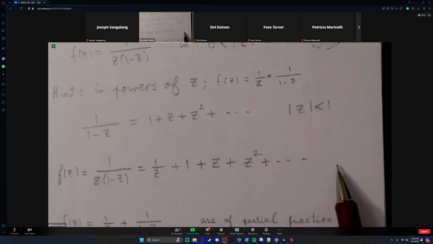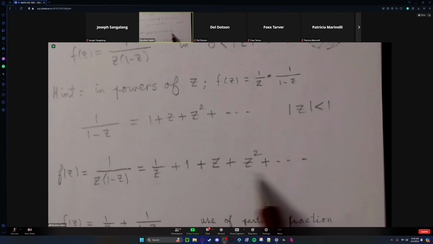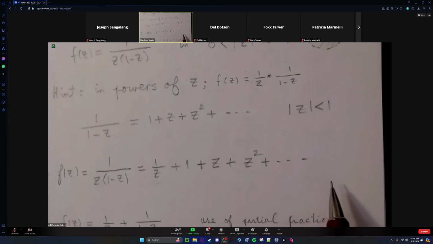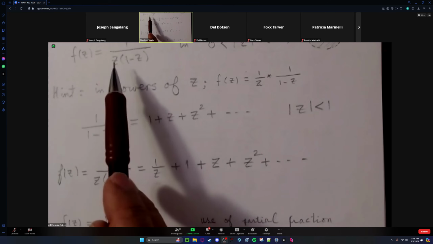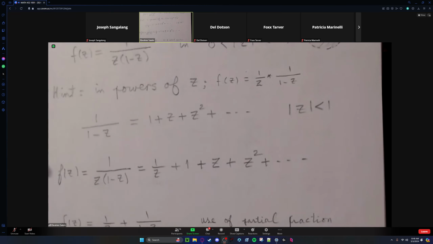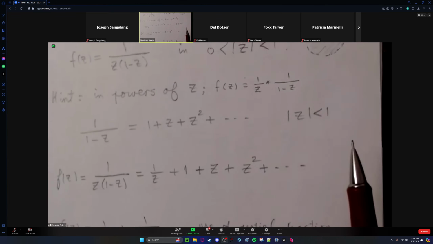Here you get z, and so forth. This is the Laurent series of that function that is valid in that washer, excluding 0. So the right-hand side converges all the time to this function right here. That's one way to do it.